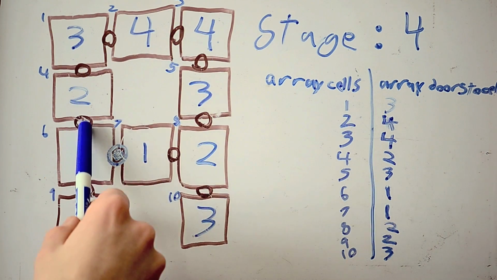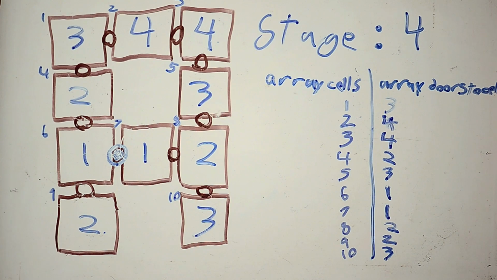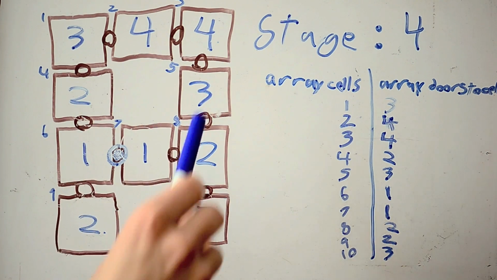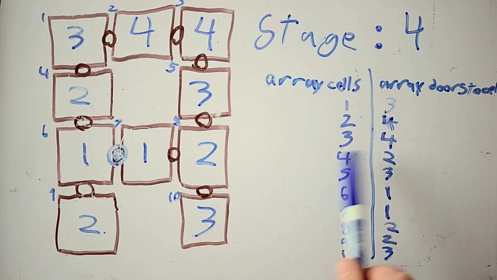So now, no matter where the enemy is, it's able to look at all of the available doors and go through this array and find the shortest path to wherever the player is. So, I guess this is the brief explanation of the theory of how the pathfinding is going to work.